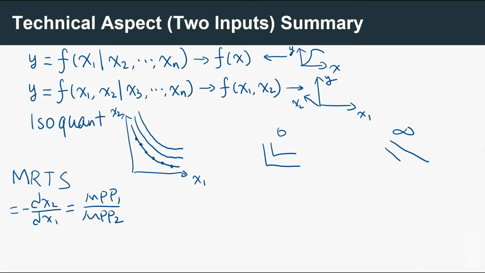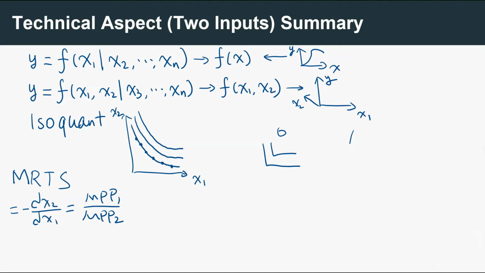And if there's perfect substitution between those two inputs, then we have linear isoquant curves. And what we are interested in the most is the case where the isoquants have this shape, where the two inputs can imperfectly substitute each other.